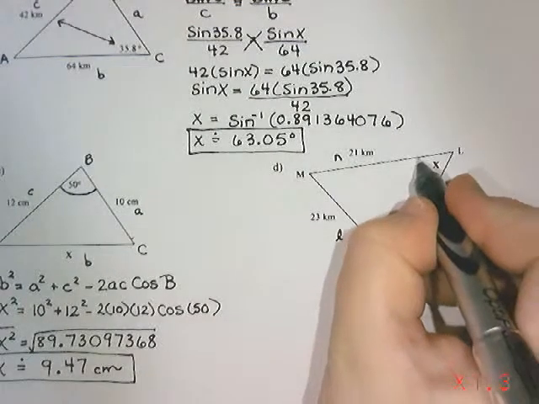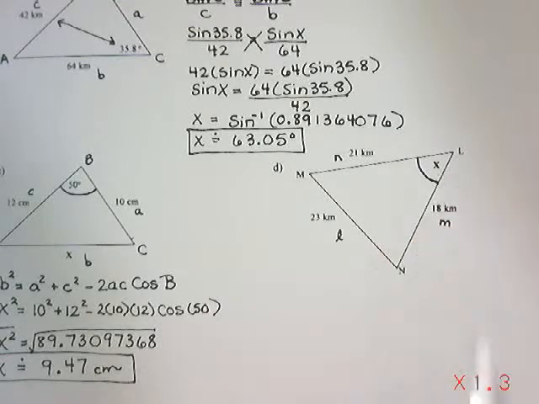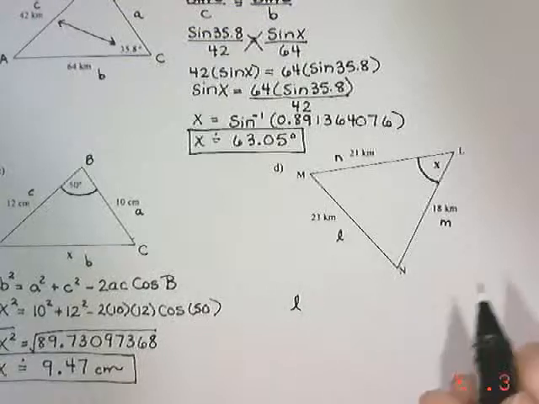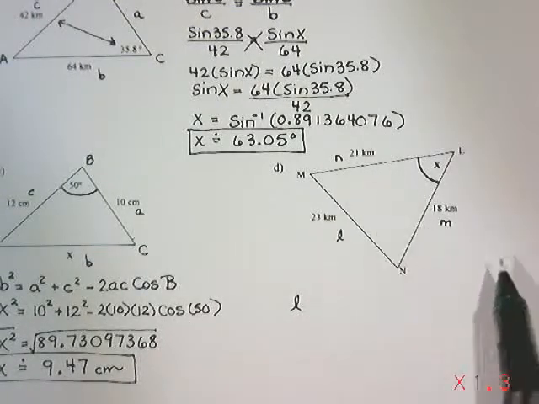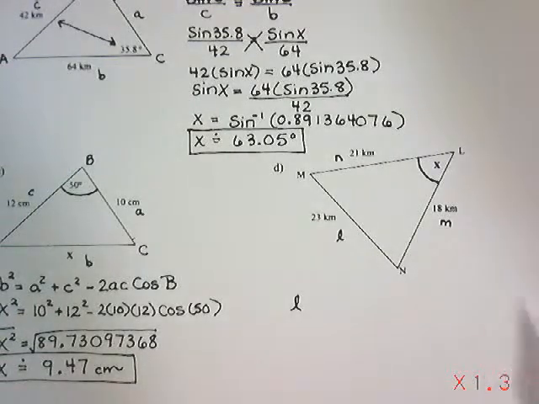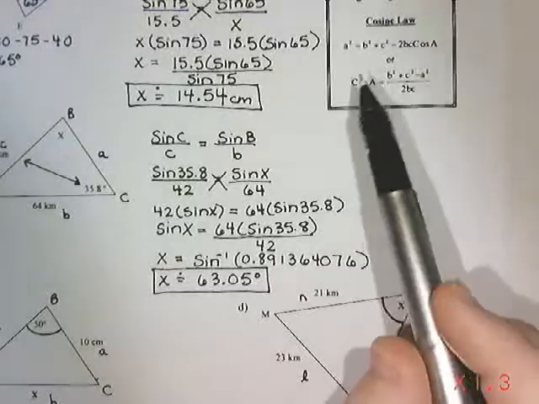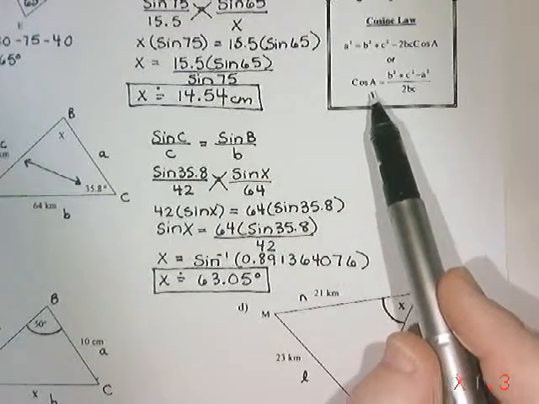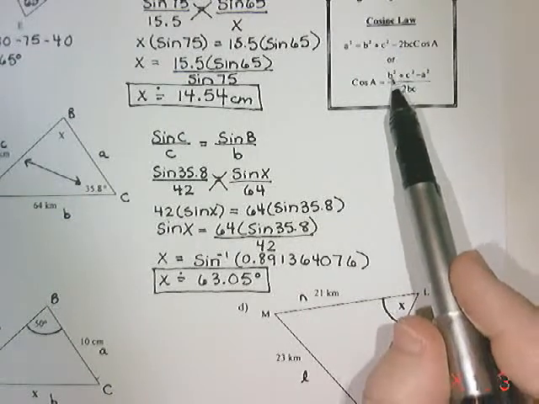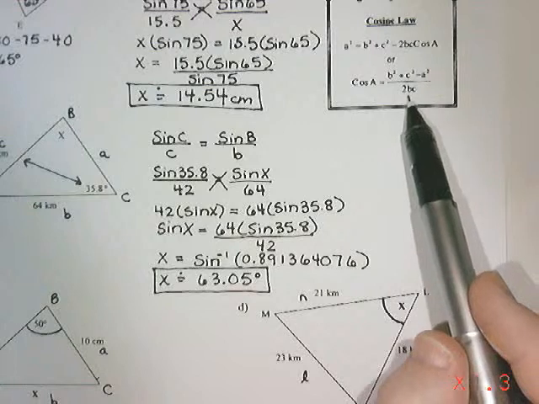Now, I always said we start with the angle. So in this case, this is the angle I want to find. So we're going to start with L. So I'm going to do l squared equals n squared plus m squared minus 2nm cos L. Or I could actually use my rearranged formula that's up here, which says cosine of, in this case it would be L, equals, and then the other two, so n squared plus m squared minus l squared over 2mn.